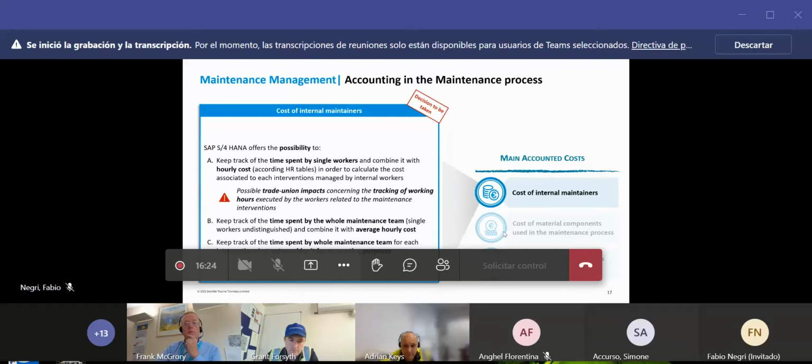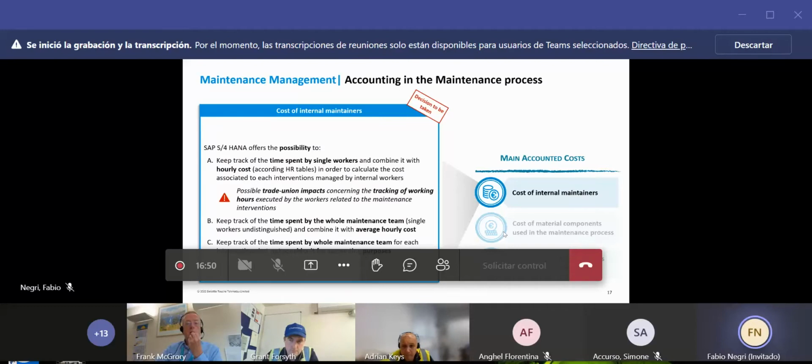Okay, but in general, here we're talking about information that should be present. Let's talk about corrective maintenance. You remember that we saw the maintenance sheet that should be filled out from Iris.